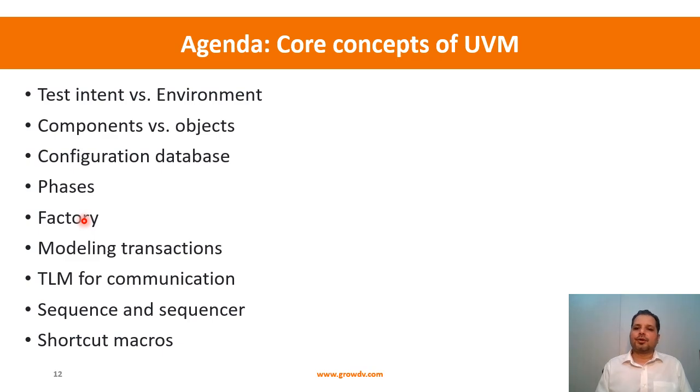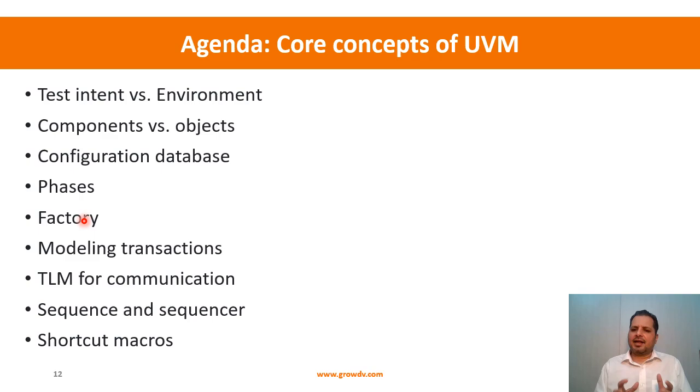So we will look into it, and in order to do that, multiple things. Again, every facility, you have to remember this, it comes with rules. So the rule of using factory is that you cannot do new of the components in the UVM. You have to use a UVM provided function called create. Only when you use create you can use the factory, and then you have to do some registrations of the components in order to be able to use the factory.